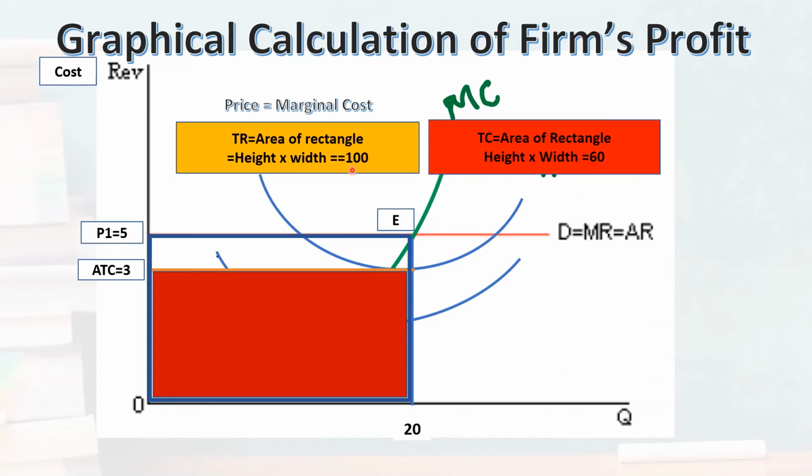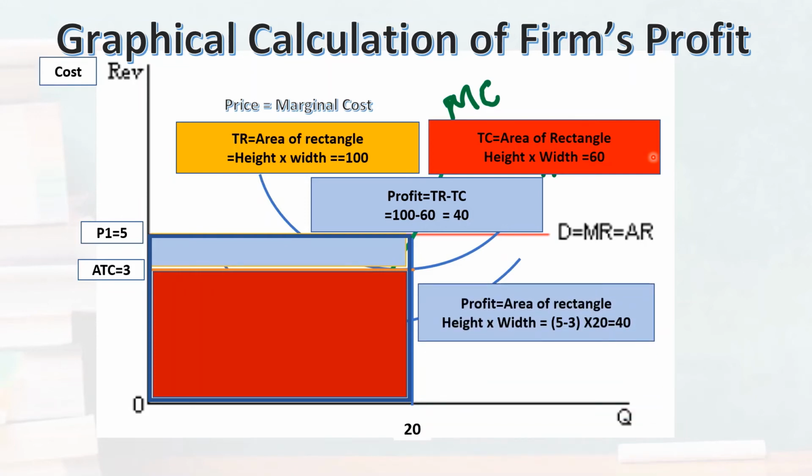So out of 100, which is total revenue, if we subtract 60, which is total cost, we will have the total profit which this firm is earning. It is equal to 40. And graphically, profit can easily be calculated by calculating the area of this blue or gray rectangle. Again we apply the same formula, height times width. The height of this gray rectangle is equal to P1 minus ATC, so it is 5 minus 3 equals 2, and the width is 20.